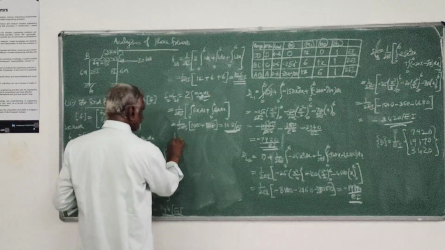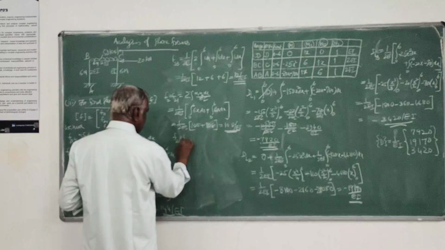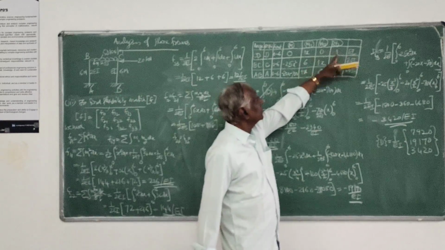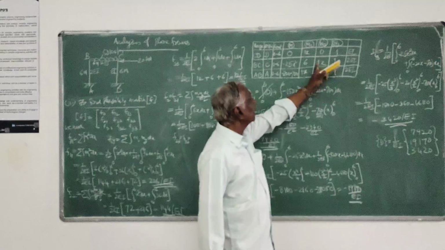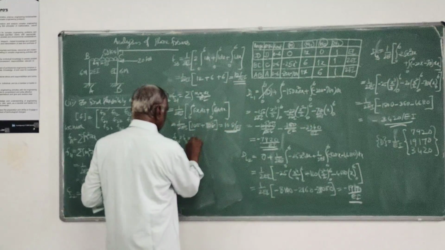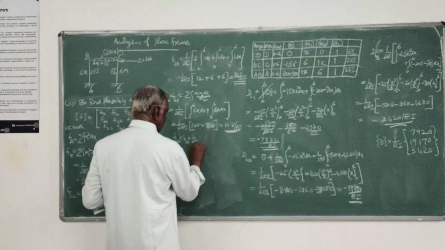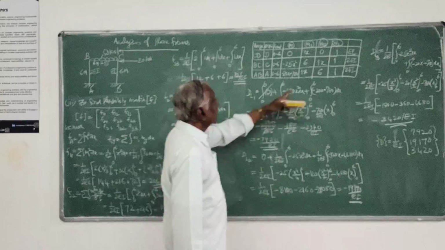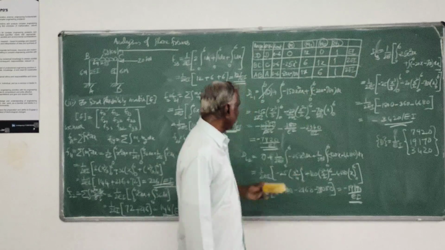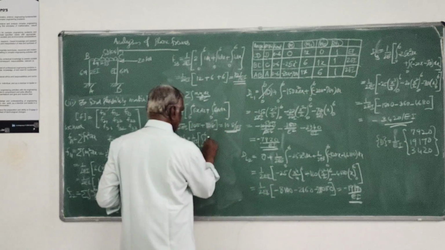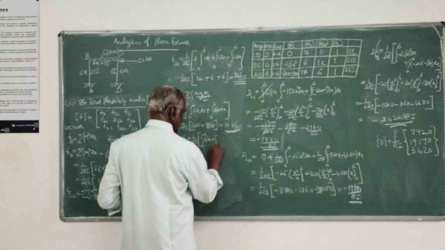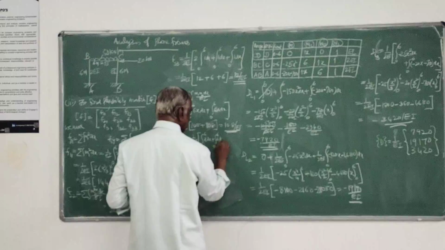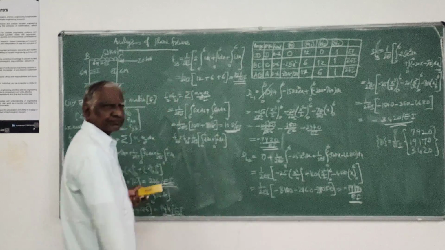Then F23 equals F32 equals F23. Here again, the first one is 0, only this, that is 1 over 2EI into the integral from 0 to 6 of 1x into 1, that is x dx, plus the integral from 0 to 6 of 6 into 1, 6 dx, that's all.